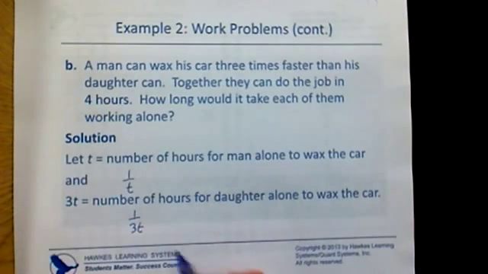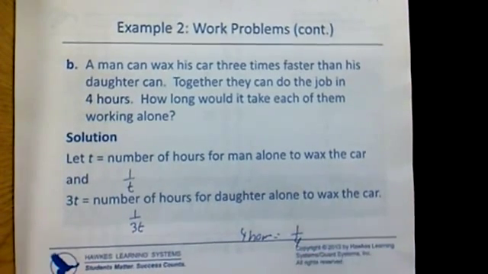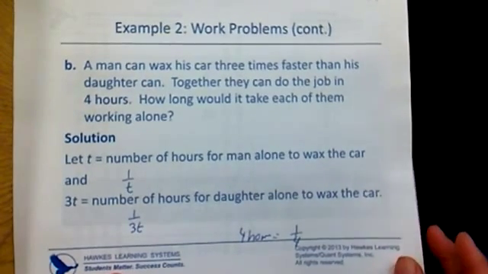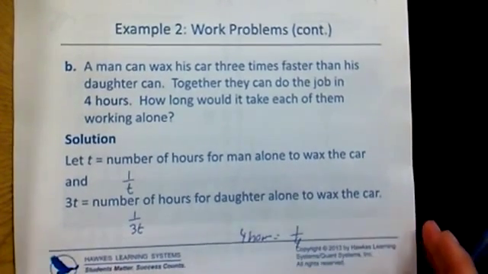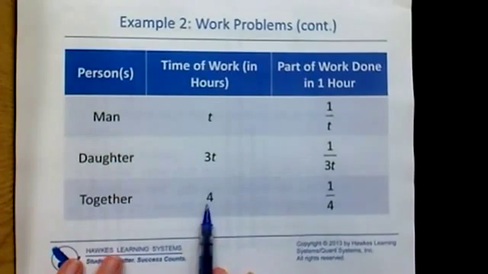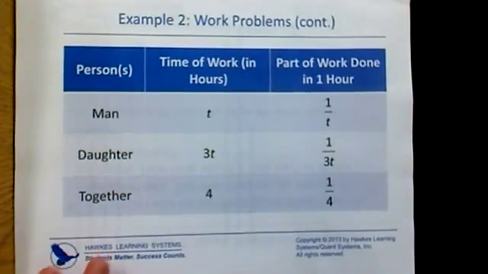And 4 hours is the total amount, or 1 over 4 would end up being how much per hour, a quarter of the car or a quarter of the time would be placed into that. And so you chart it: T, 3T, 4, 1 over T, 1 over 3T, and 1/4.